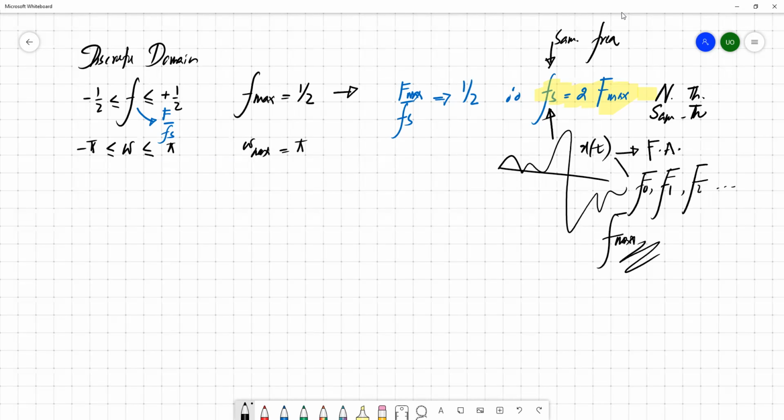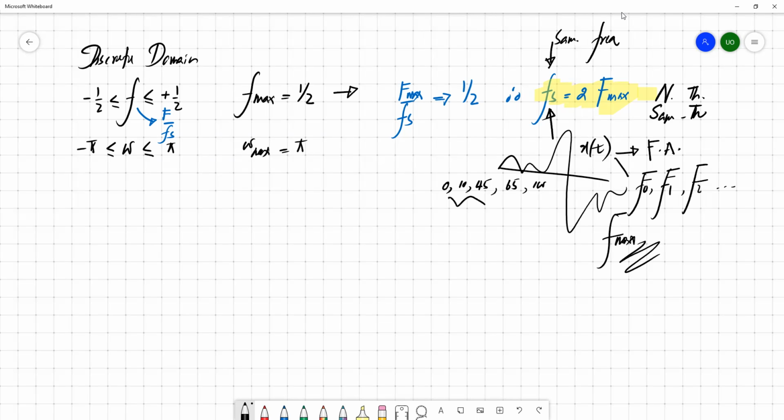Okay, let's assume that for this x(t), when we apply Fourier analysis, we find a 0 frequency component, a 10 Hertz component, a 45 Hertz component, a 65 Hertz component, and a 100 Hertz component. Just for example, we have 5 frequency components: one is the DC component, 0 frequency, then 10 Hertz, 45, 65, and 100 Hertz.